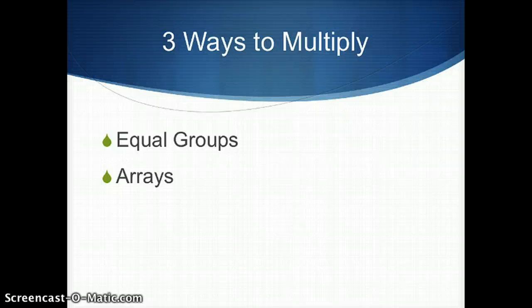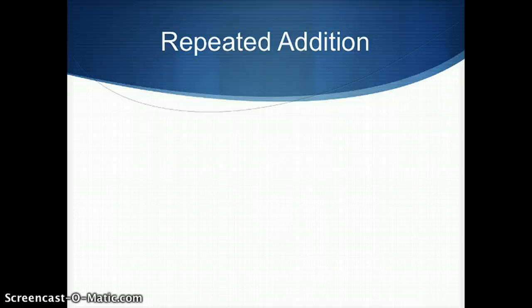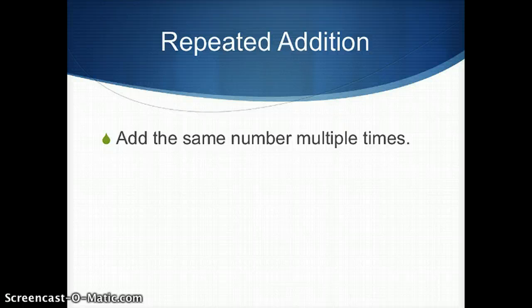The last thing we will look at today is repeated addition. Repeated addition is when you add the same number multiple times. Let's look at an example of repeated addition.